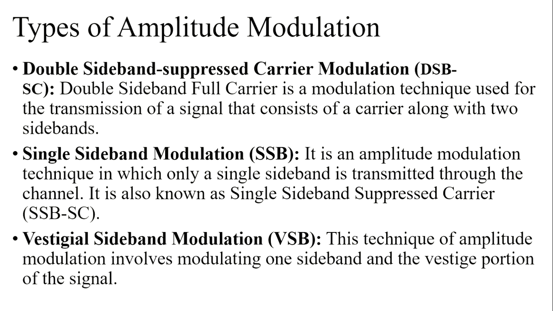That is called SSB-SC, where only the upper sideband or the lower sideband is transmitted. Third is vestigial sideband modulation, a technique that involves modulating one sideband and a vestigial portion of the other. Vestigial portion means a part of the sideband, that is, half of FC plus FM.